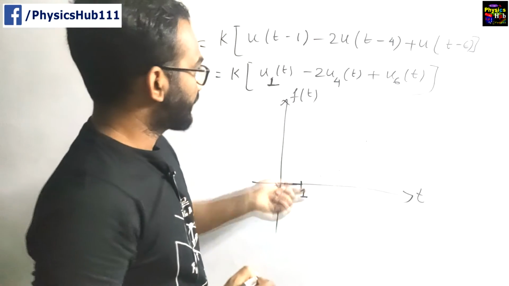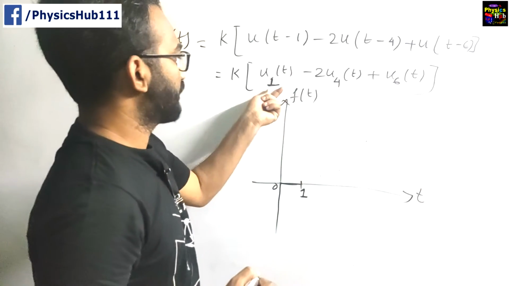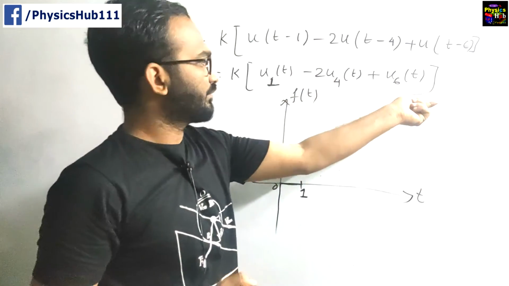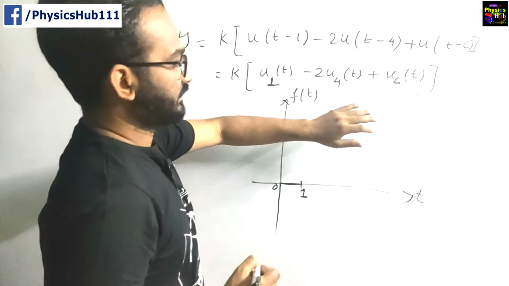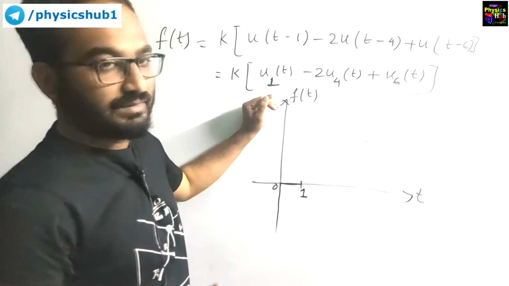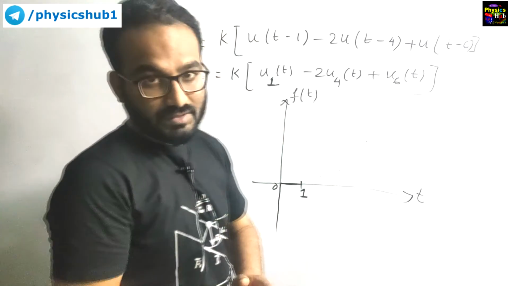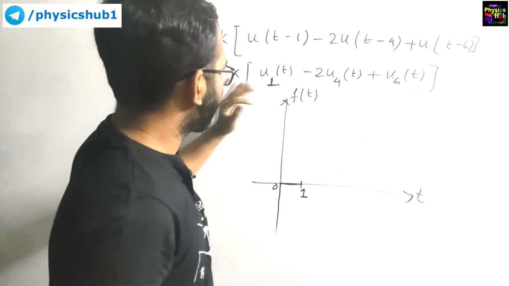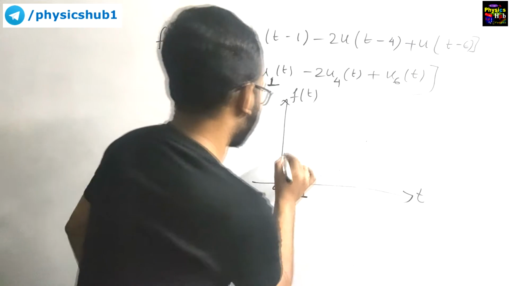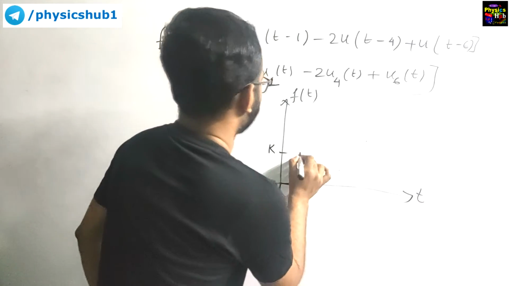As soon as t crosses 1, its value becomes 1 and the other terms remain 0, because they will be activated at t equals 4 and t equals 6. Activated means it takes the value 1, so it becomes k into 1, that is k. Let's say this is k, so it takes the value of k.